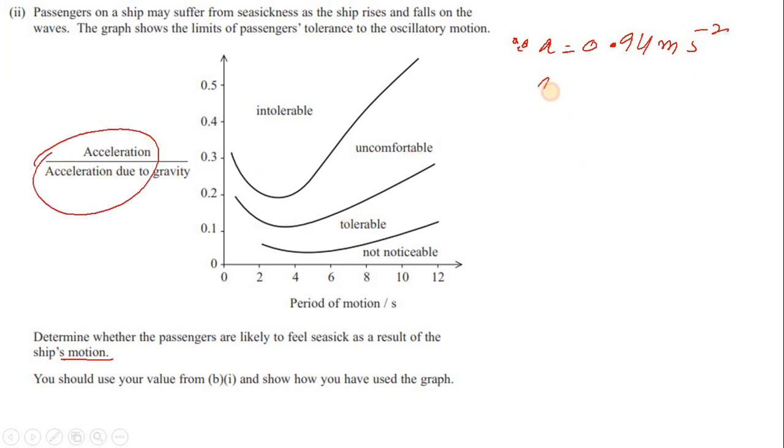So a divided by g will give us 0.095. If you read the question, the period was given as 6 seconds. So 0.095 is approximately 0.1, which is slightly lower, and with the time period of 6 seconds, we locate the point on the graph.